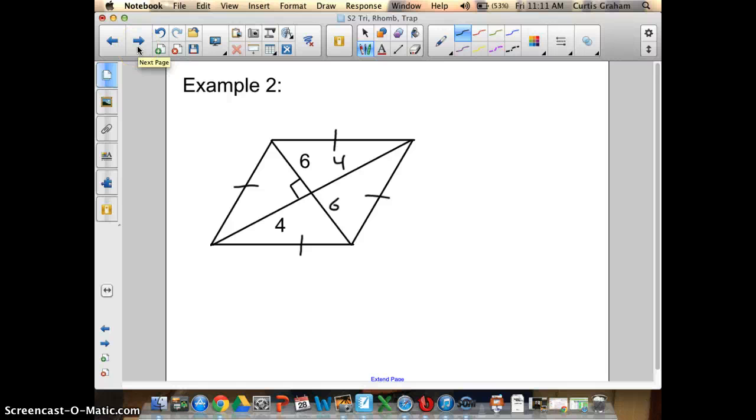So that formula is 1/2 times diagonal 1. Doesn't matter which one you label as diagonal 1. But if I take one of them, 6 plus 6 is 12. The other one is 4 plus 4, so that would be 8. So 48 is the area of this rhombus.